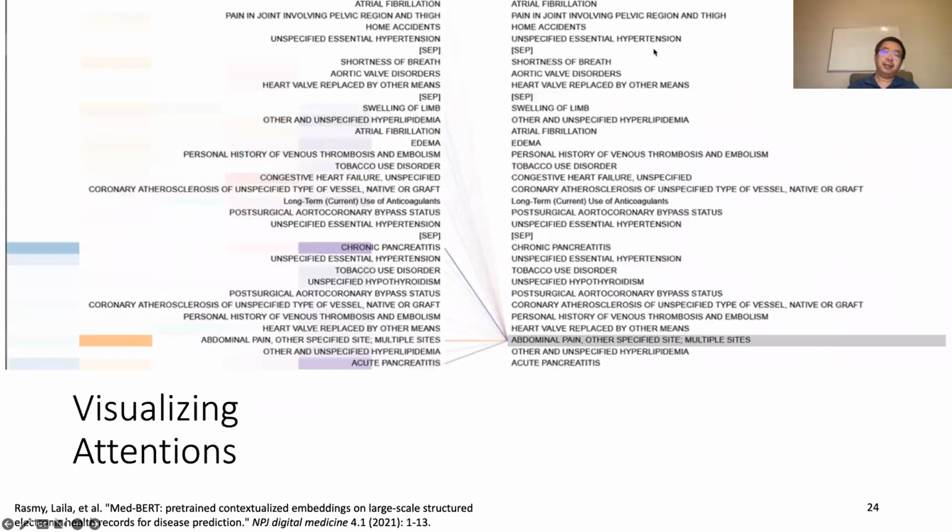One nice thing about this transformer model is that we can visualize the attention patterns. Internally, in each layer of the transformer, there is multi-head attention. We pick some head and then visualize, for a given token, what the attention weights are from the other codes in this patient.